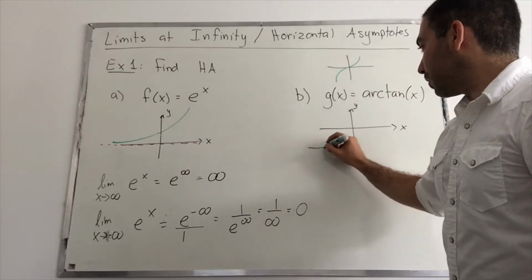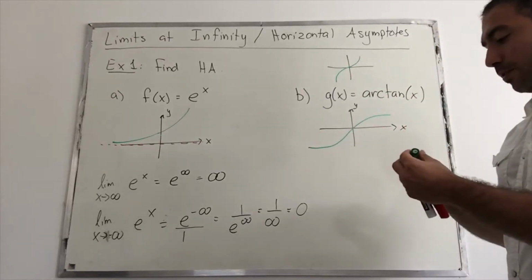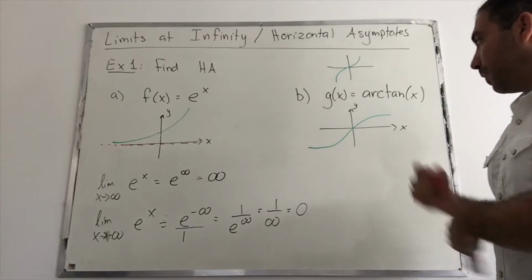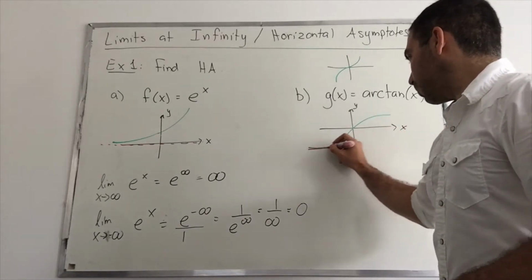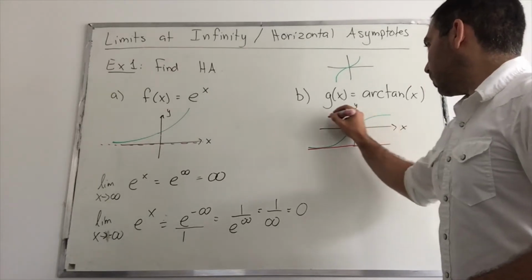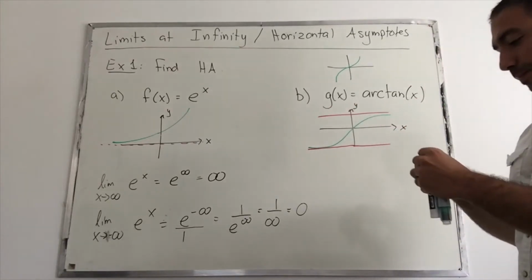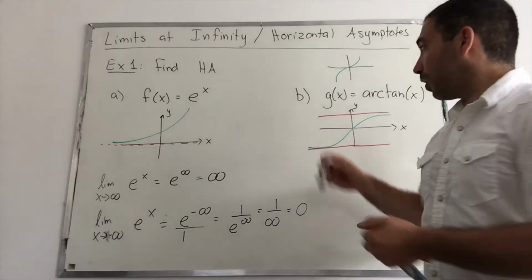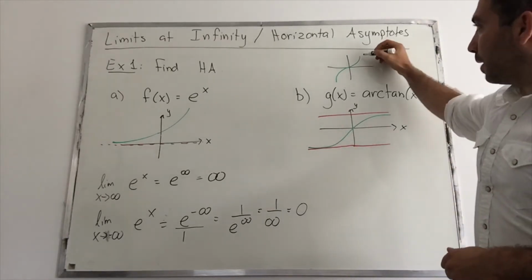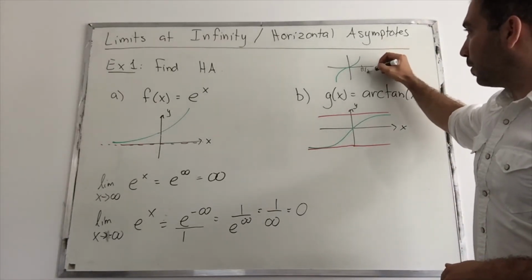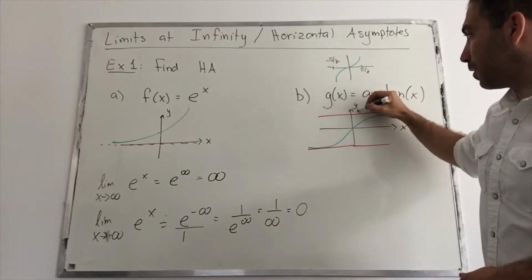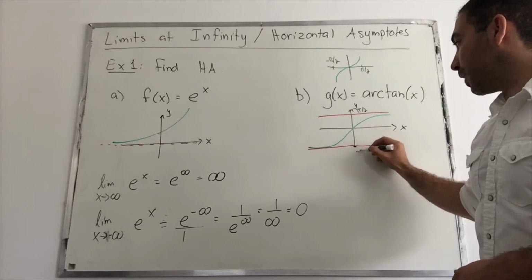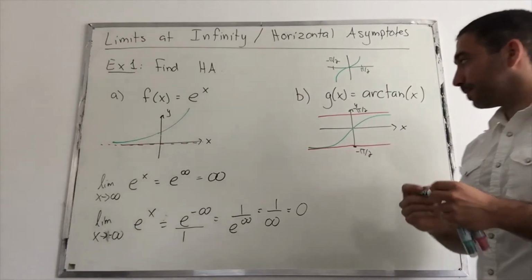So it's going to look something like this. And we're focusing just on one variation, which goes here and here. The one on top, same as over here, this was pi over 2, this is negative pi over 2. Same thing here. On top here, this is pi over 2. On the bottom here, this is negative pi over 2.